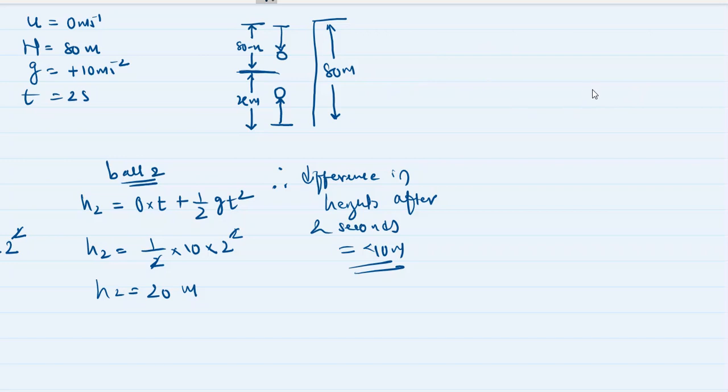Cool. At this point, they will collide. They are asking when it will collide. But if we can find the value of x at which they are going to collide, then I think it will be easy. So if we can find an equation in terms of the displacement made by both the balls, then it will be easy.